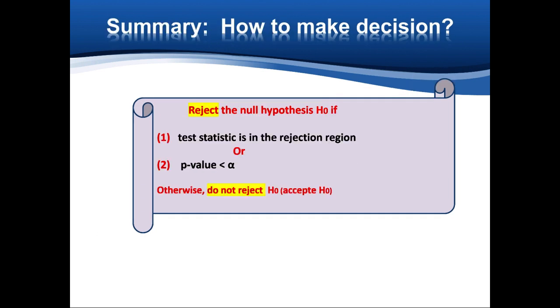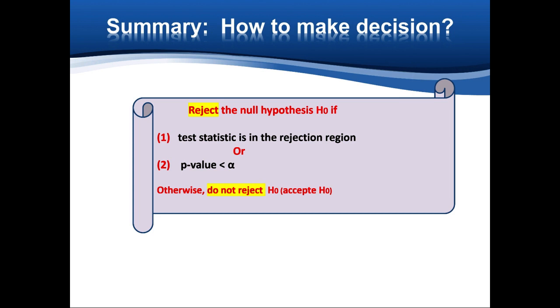In summary, we have learned two methods to make a decision. That is, reject H0 if 1, the test statistic is in the rejection region, or 2, the p-value is smaller than alpha. Otherwise, do not reject H0, or you can say accept H0.